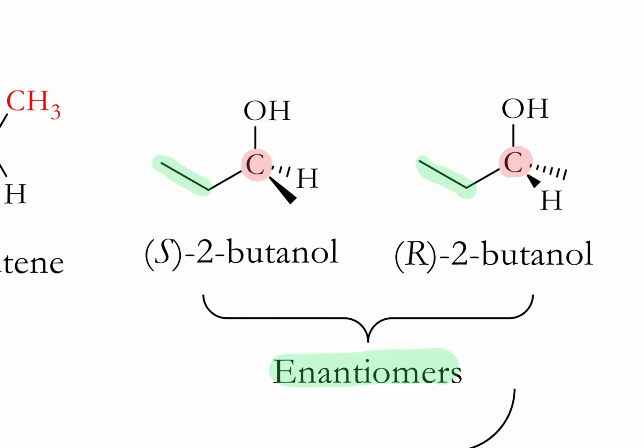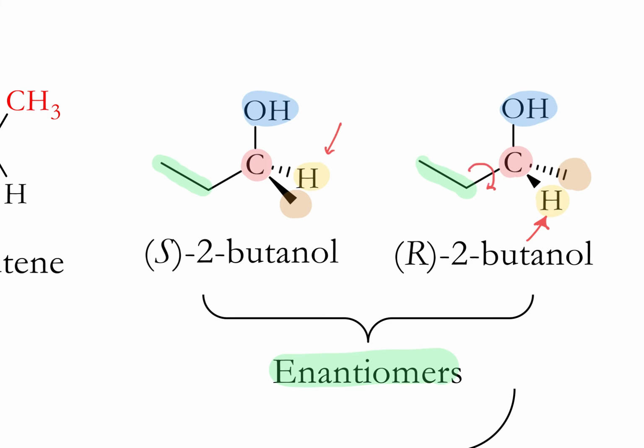and that red carbon is going to have a hydrogen on both, a methyl group in both, and a hydroxyl group in both of those two isomers. But they are simply different molecules. You'll notice the hydrogen is in the back in S-2-butanol, and it's in the front in R-2-butanol.